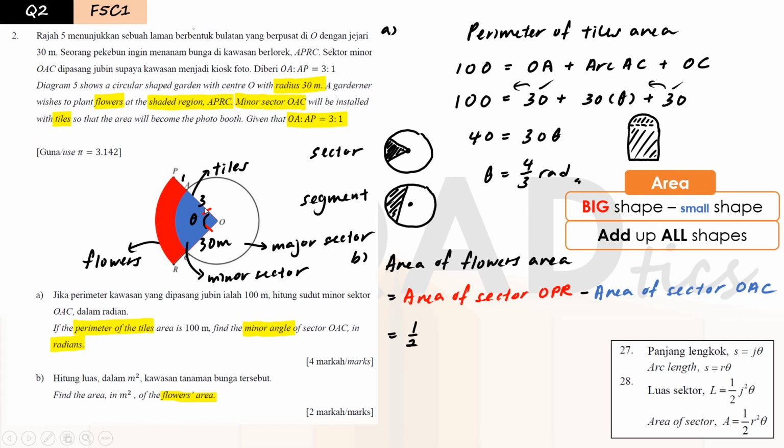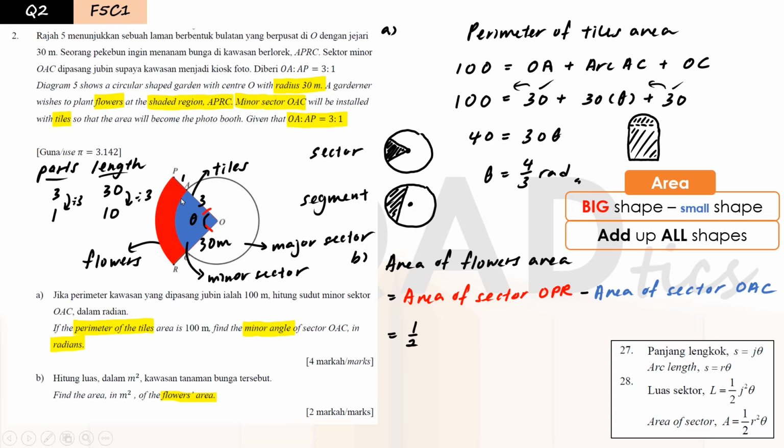Here we don't have the radius yet, but we do know the radius of this circle, right? Which is OA, which is 30 meters, and we know its part, which is 3. So 3 parts equals 30 meters. So why don't we find the length for one part first?